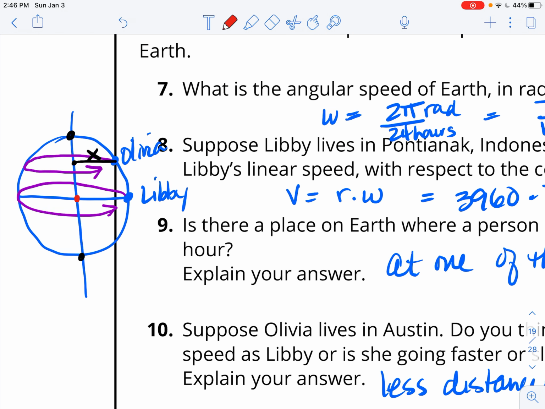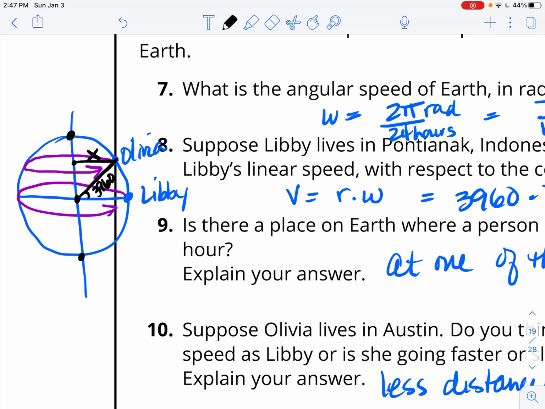We know that the radius of the Earth from the center of the Earth to Olivia, this is one radius. This is 3,960 miles.